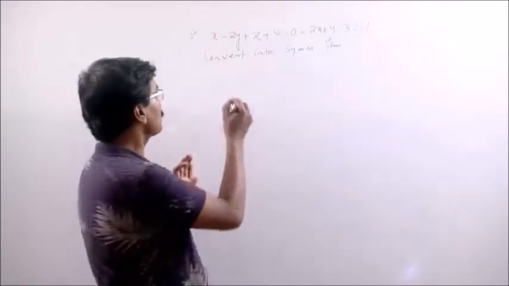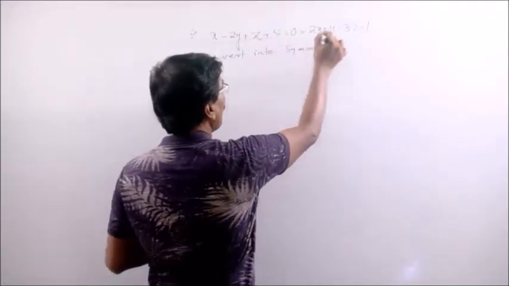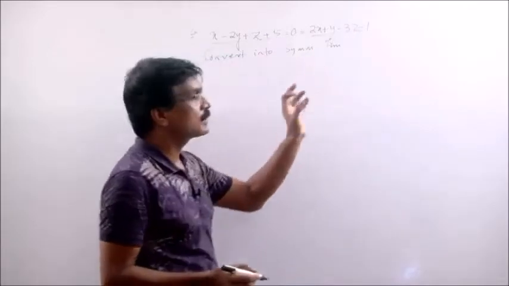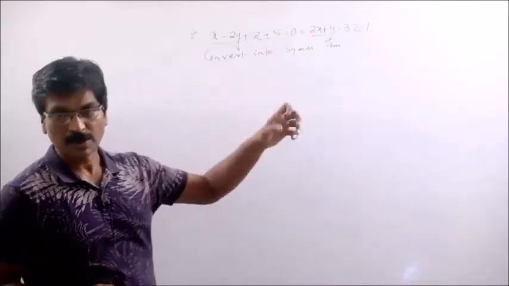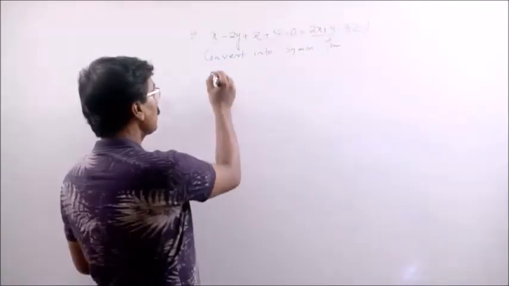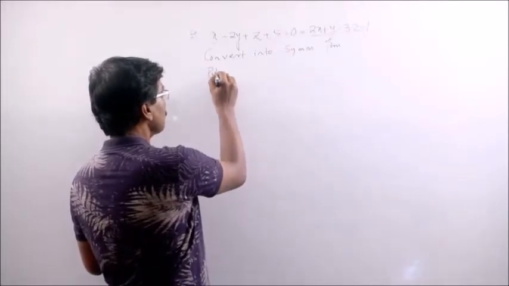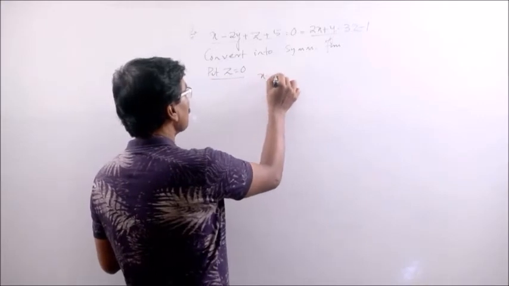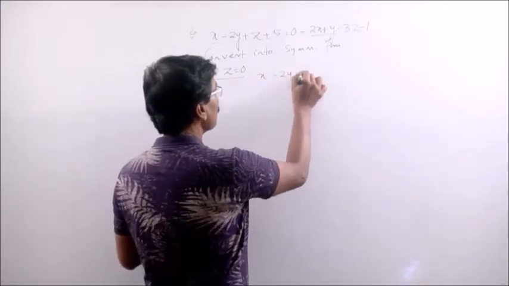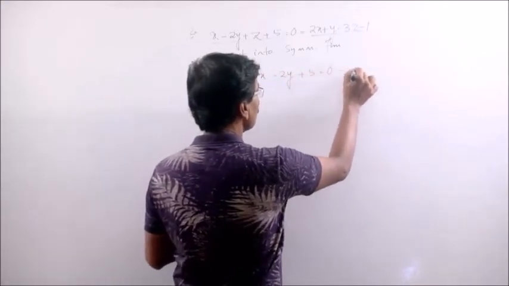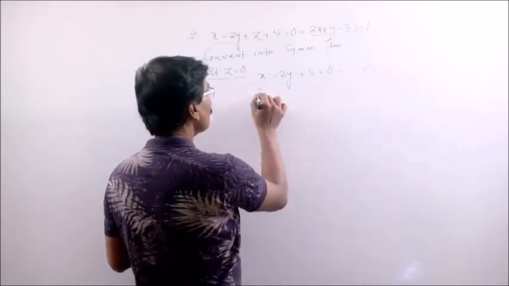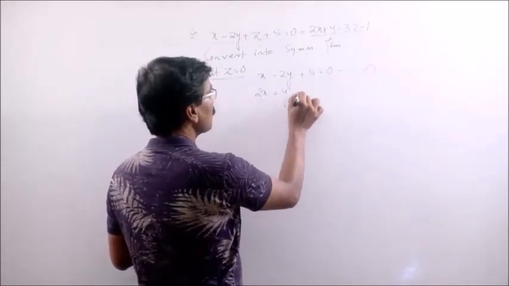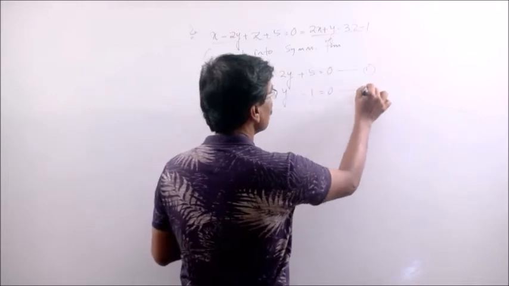These two equations have 3 variables, so we can put any one of the variables as 0 or any number. If we put z is equal to 0 in both the equations, then it will be x minus 2y plus 5 is equal to 0, equation 1, and 2x plus y minus 1 is equal to 0, equation 2.